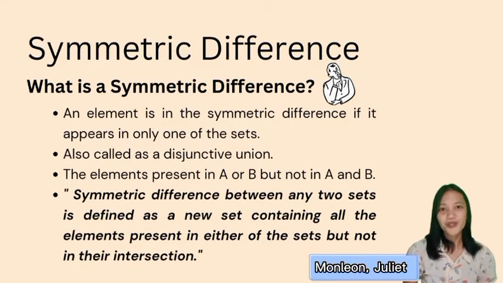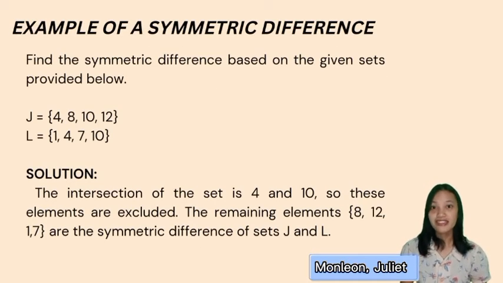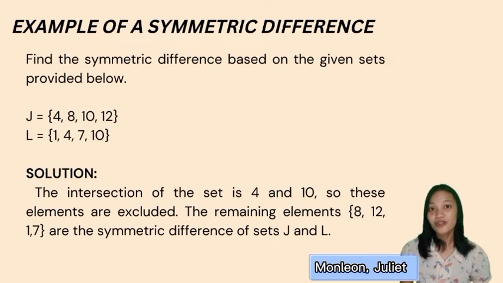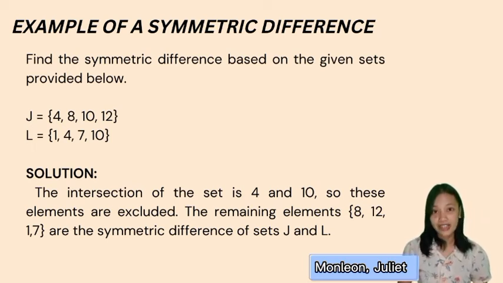Let me explain how a symmetric difference of a set works. In this given example, we will find the symmetric difference based on the given sets provided below, which are set J and set L. Set J contains the elements 4, 8, 10, and 12, while set L has the elements 1, 4, 7, and 10.